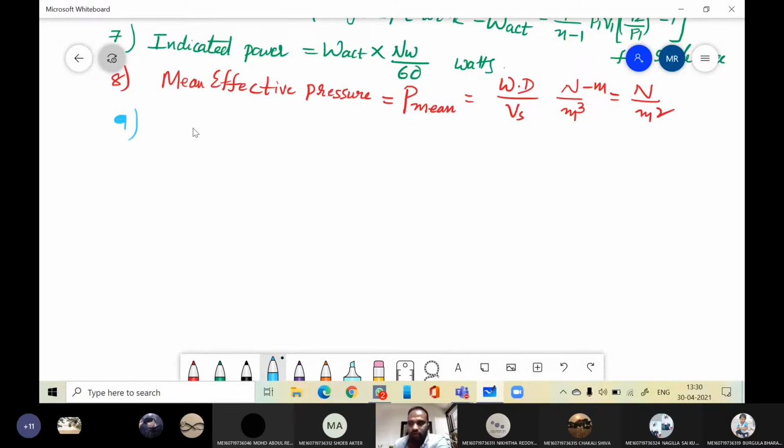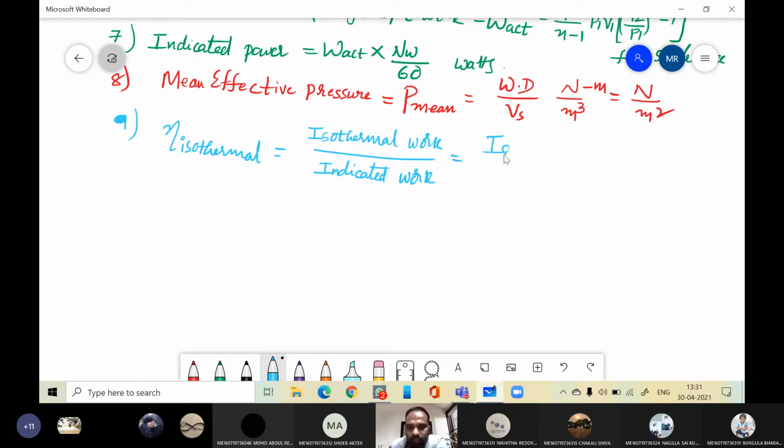Ninth one, isothermal efficiency. Isothermal efficiency is equal to isothermal work by indicated work, or we can define it as isothermal power divided by indicated power.